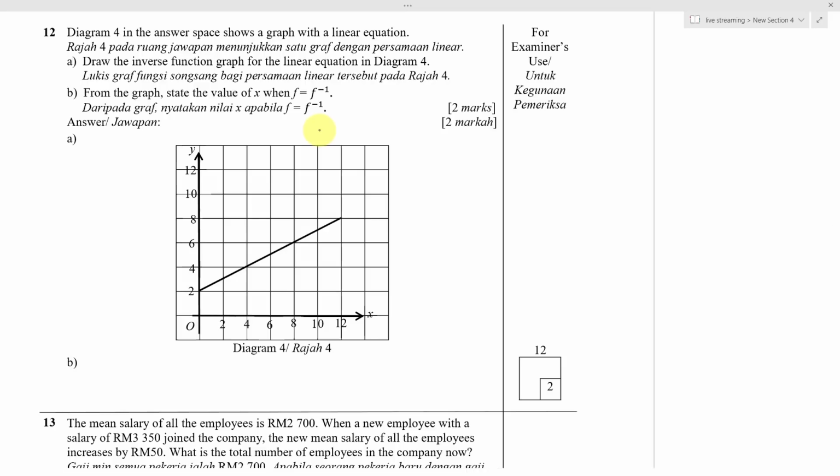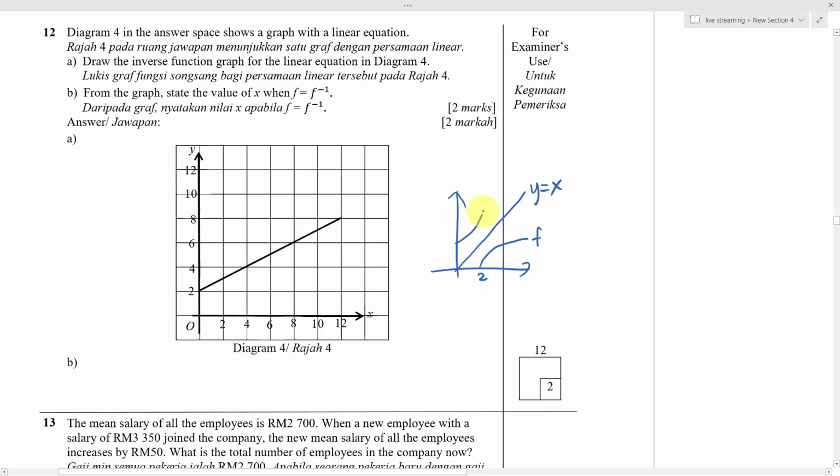The first information is that whenever you want to do the reflection for f to get f inverse, there's a rule: they always do the reflection on the line y equals x. This is all the time. For example, this one is my f, and let's say it touches 2 here.